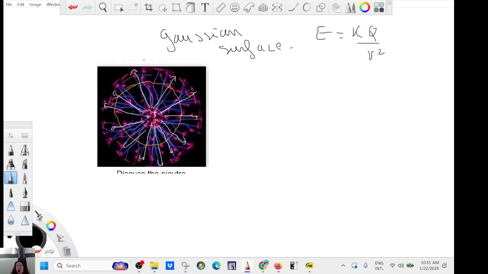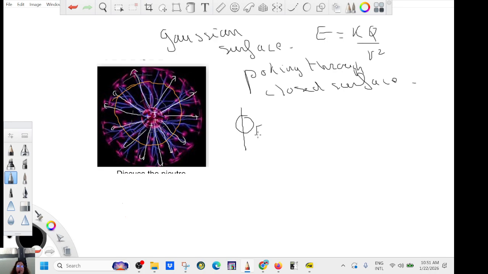Okay. And I can find how many electric field lines are poking through the surface. Okay, so the word is poking through. And the surface is closed. So the number of electric field lines poking through that closed surface, which is in my head, it's imaginary, we call that in physics the electric field flux.